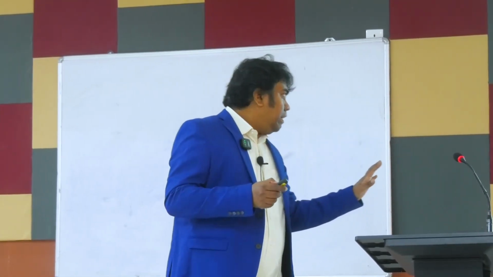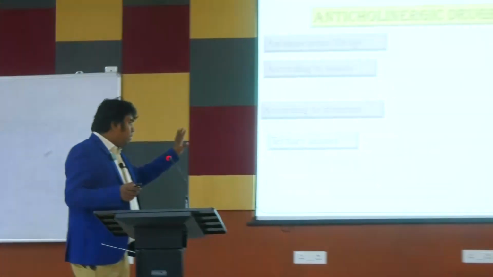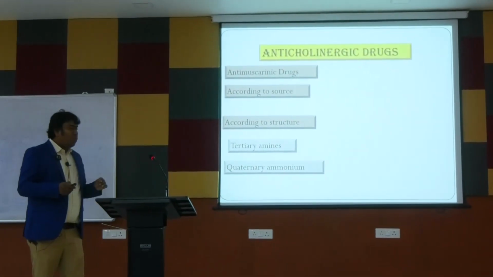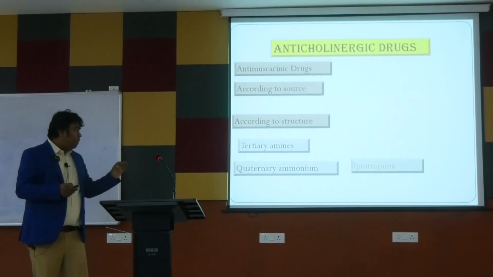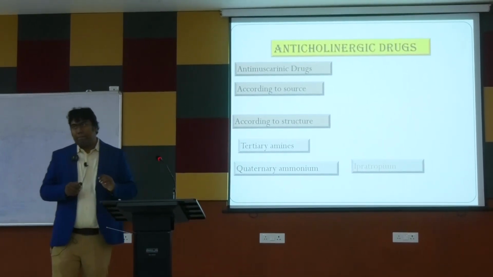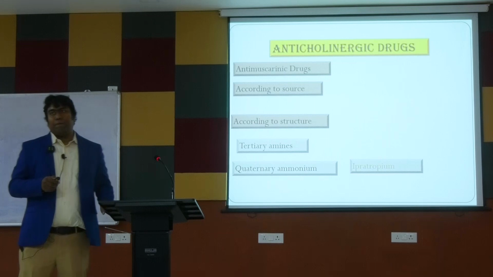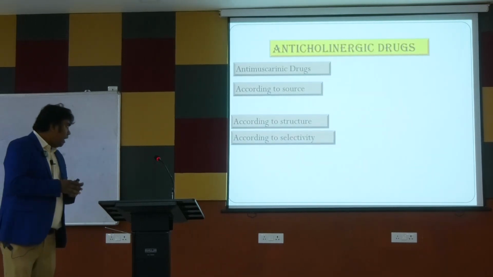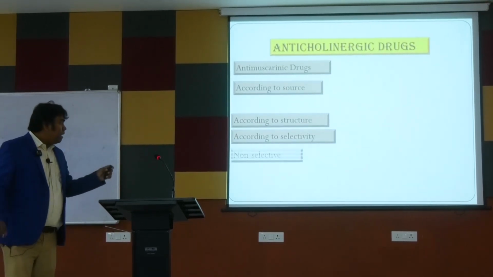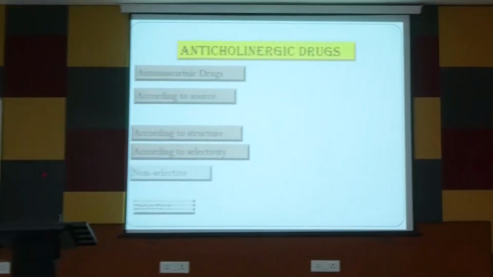So that is synthetic, semi-synthetic and natural. According to the structure, we can distribute them into tertiary and quaternary ammonium compounds. Most of these are tertiary; ipratropium is quaternary. According to the selectivity, non-selective and selective.